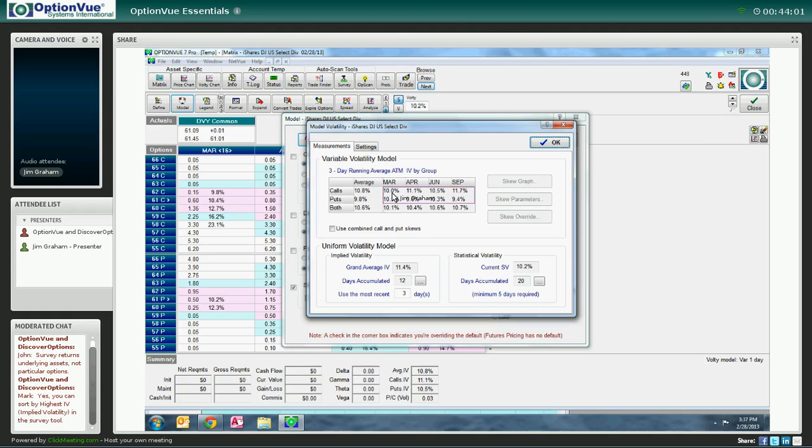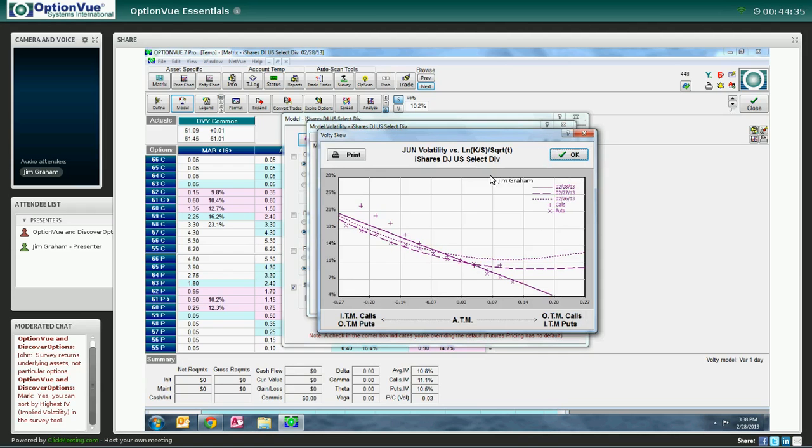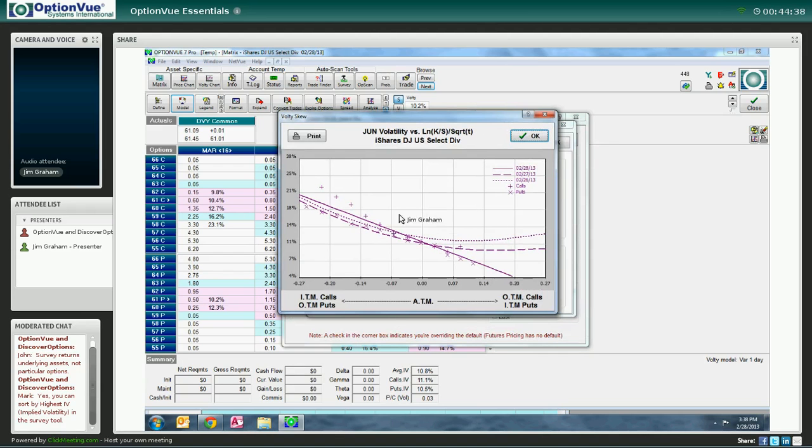And so on average, these March calls are 10%. June's are 10.5. These September puts are 9.4. Now here you can use the combined call put skews. And you'll notice when I check this, this line goes around showing this is the volatility skew being used. If I choose one, like let's look at the Junes, and I click on the skew graph button, it is showing you each day, 3 days.